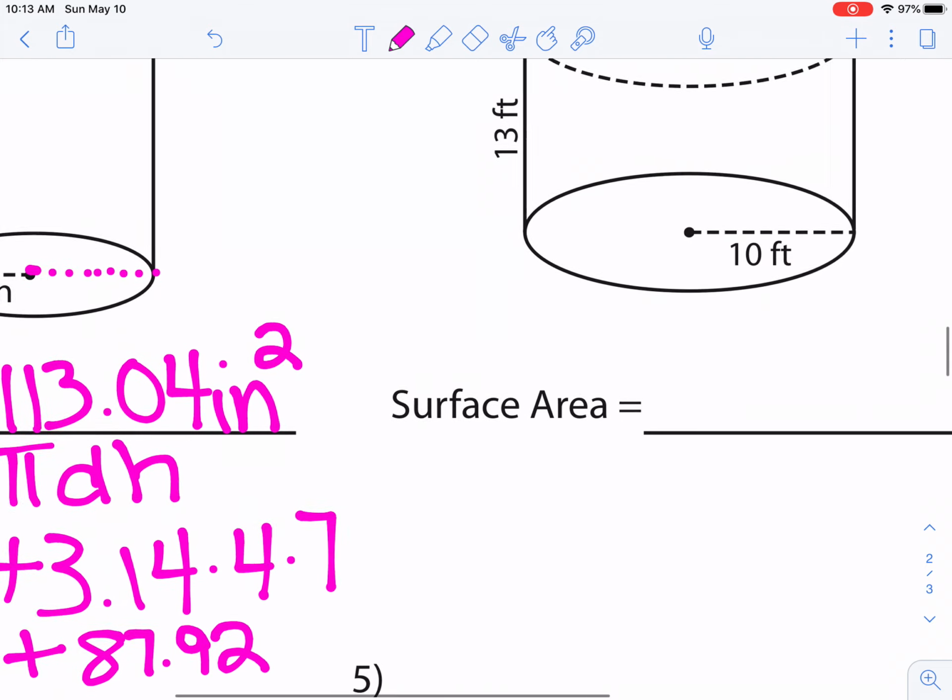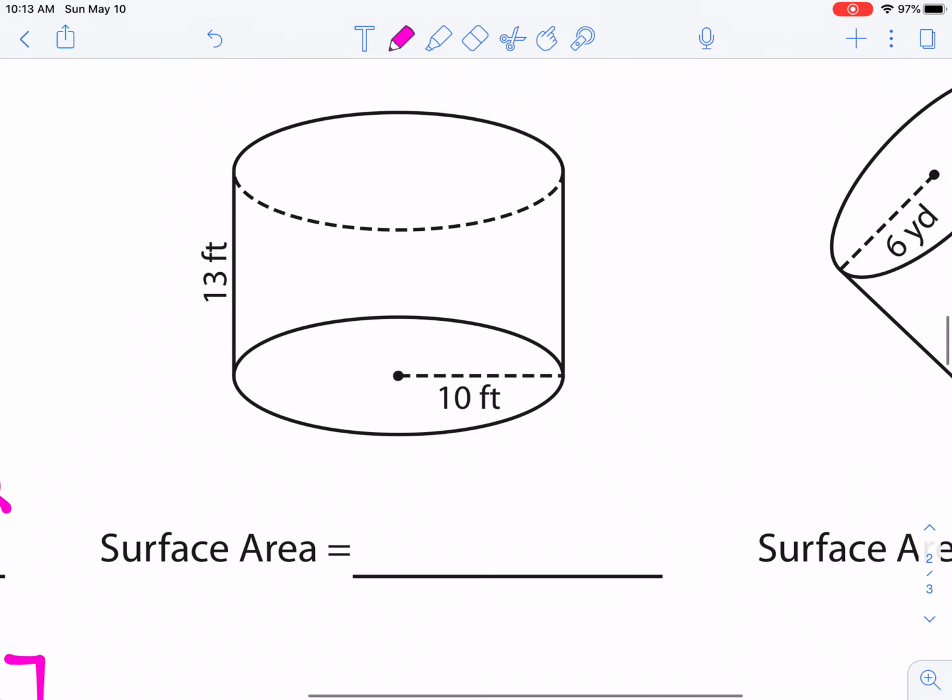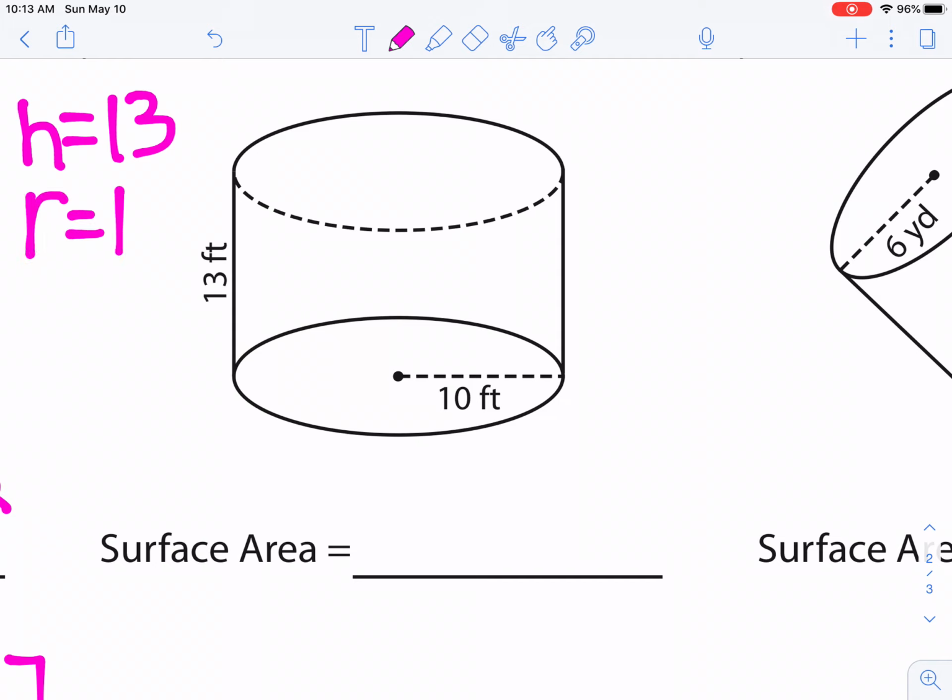Let's take a look at another example. Second example, I would write out what everything is. The height is 13, the radius is 10, and the diameter would be double this radius, so it would be 20. So now we're going to fill in the formula. Do you remember what that formula is?